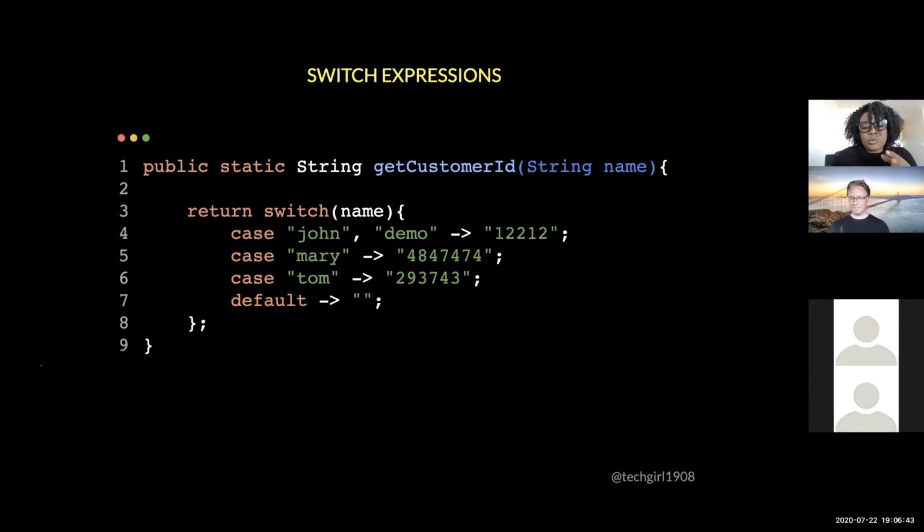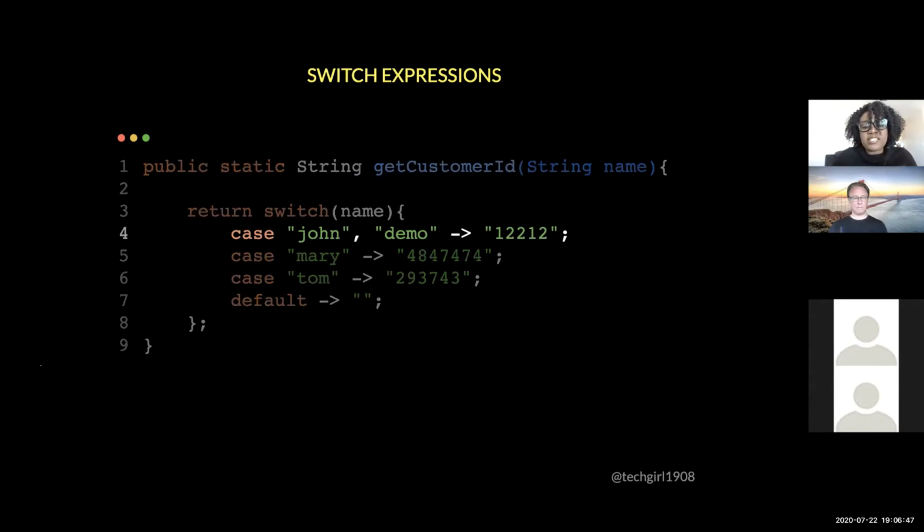You can also specify more than one case. So notice here, we're saying if the customer name is John or Demo, which is his last name, then the ID is 12212. So this makes up for the removal of fall through from switch expressions because you can indicate all cases delimited by a comma, right?